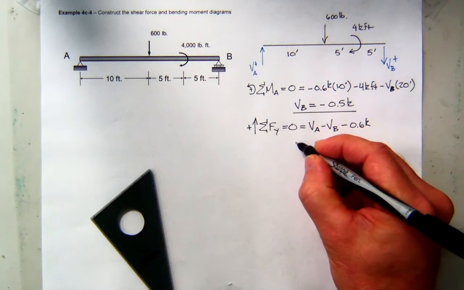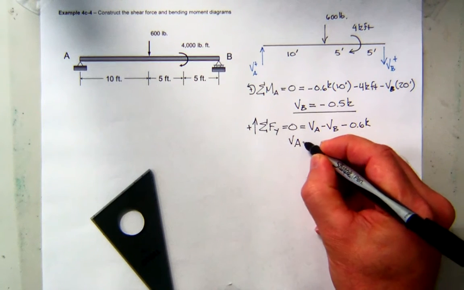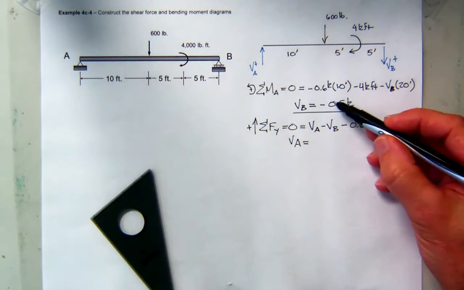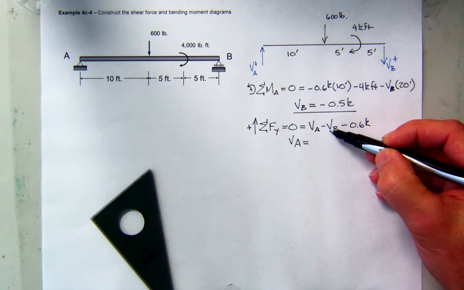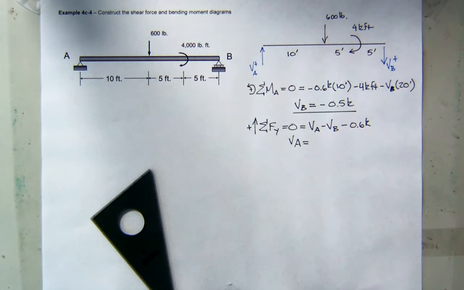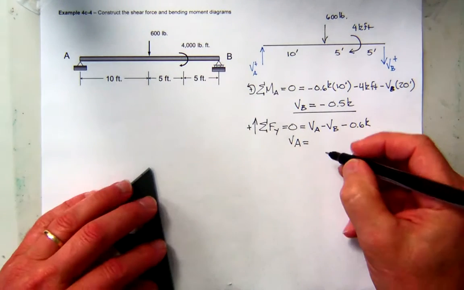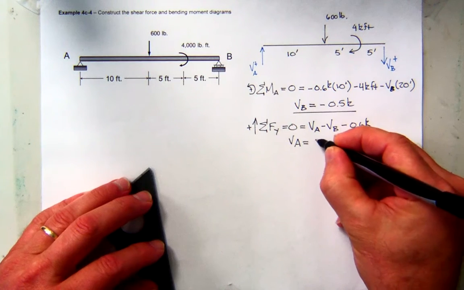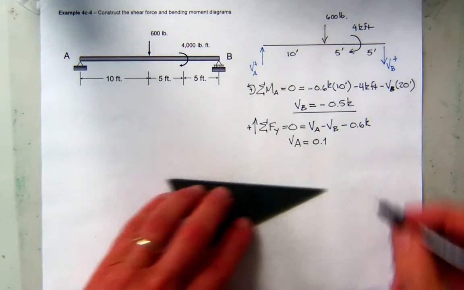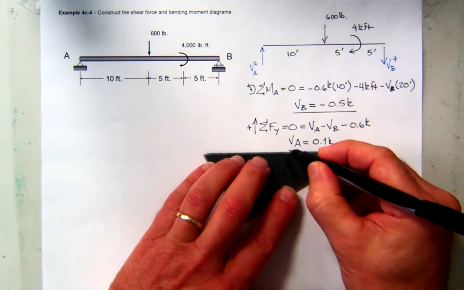So what is the shear at A? Well, I put my negative 0.5 in here. It becomes a positive. So the answer is 0.1. Does that sound good? Positive. Isn't it positive? Yeah.